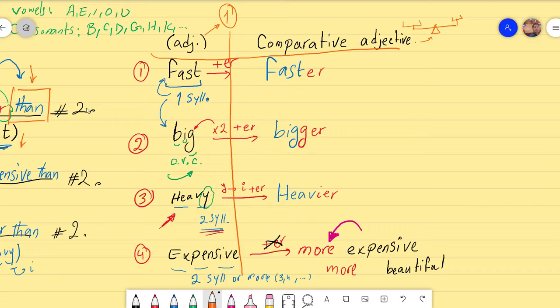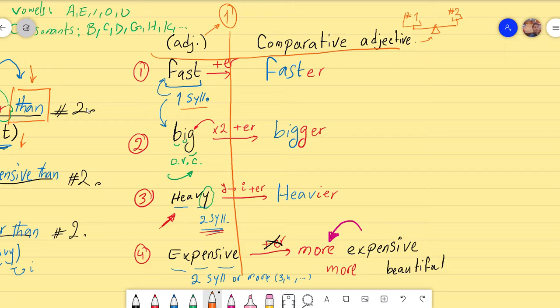Put two things on the scale. Here mobile phone number one and mobile phone number two. Very good. So we said the first group, the adjective is one syllable. We just add er, like fast, faster, slow, slower.